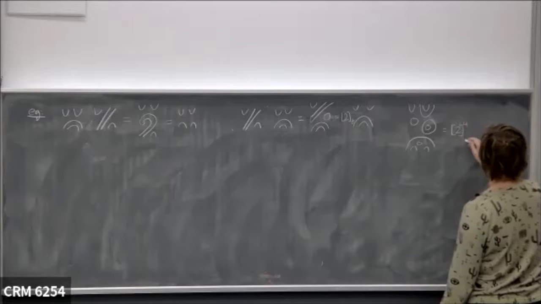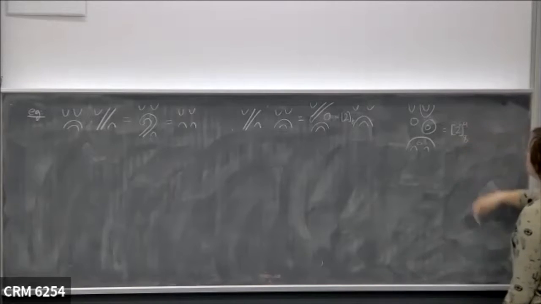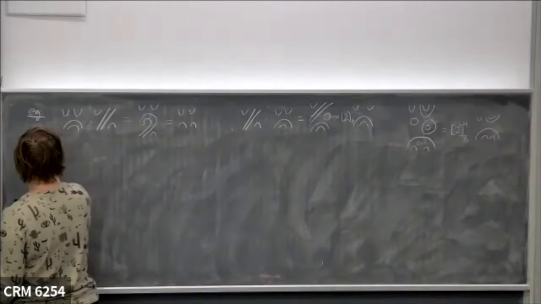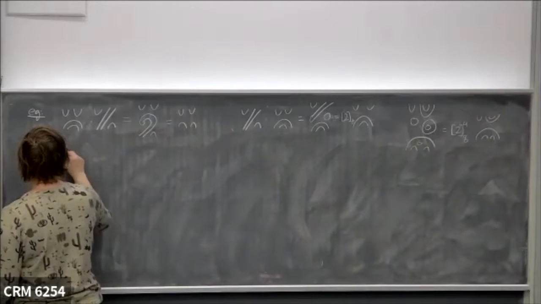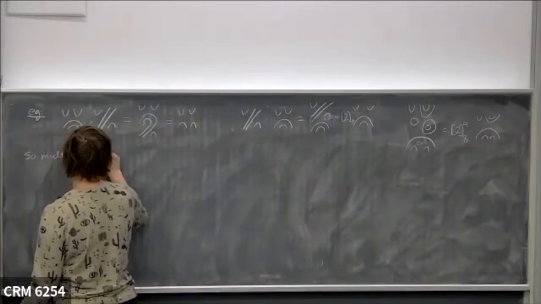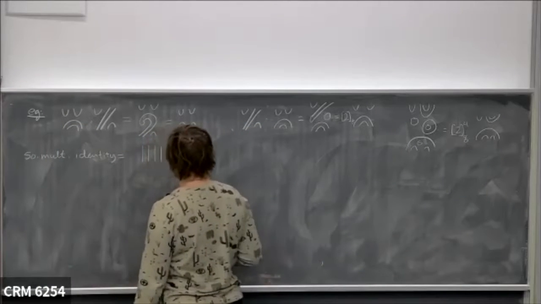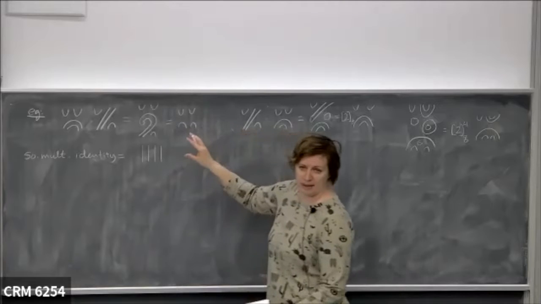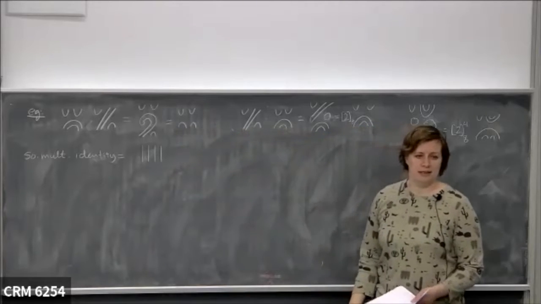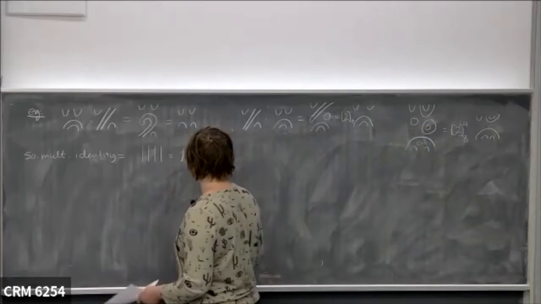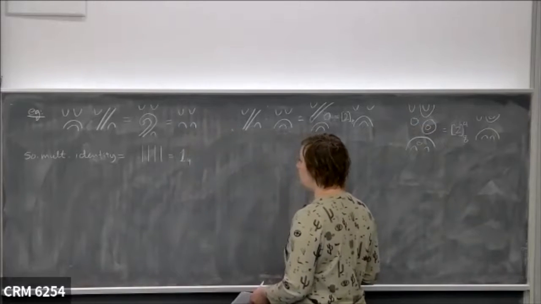So this is 4 powers of quantum 2 times the diagram with the loops removed. So what is the multiplicative identity here? Straight lines, yes, indeed, right? If we have any picture and we add these either at the bottom or the top of the picture, then we just have the picture we started with. This is the identity in the fourth Temperley-Lieb algebra.